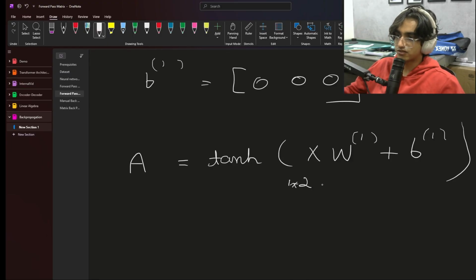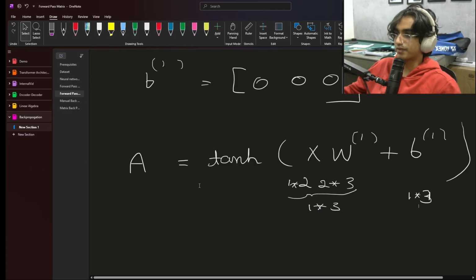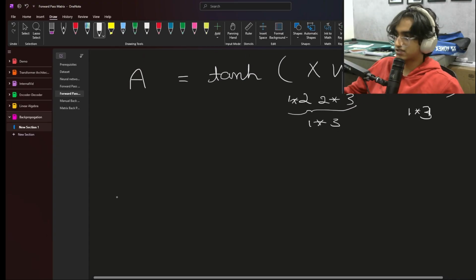We know X is 1 cross 2, and we know that W1 is 2 cross 3. So together we should get a 1 cross 3, plus our bias, which is 1 cross 3. So we can add it up normally, and the tanh will apply to all of the elements.